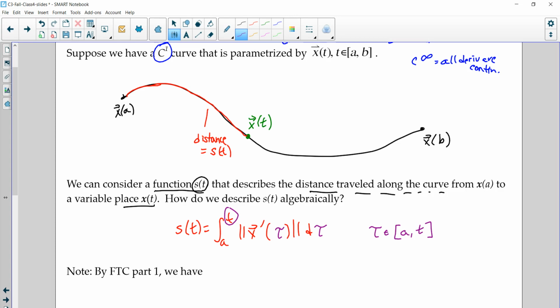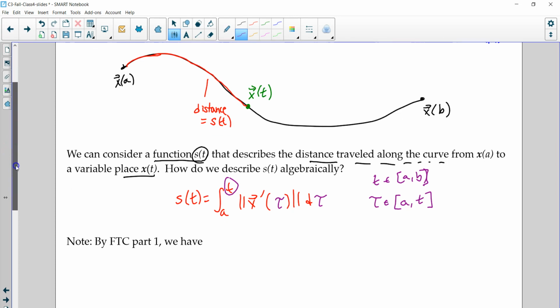And so that function there is going to allow us to compute the arc length from our beginning to anywhere along the curve, and again, the maximum value for t. So t is still within A to B, but then tau is just the dummy variable. That's nice as an arc length function.